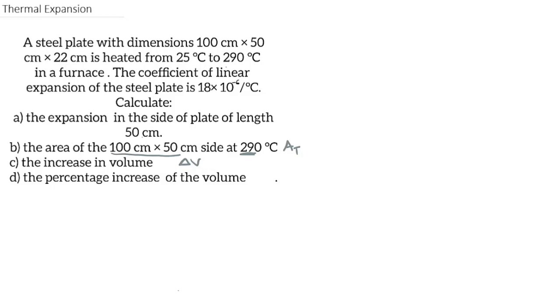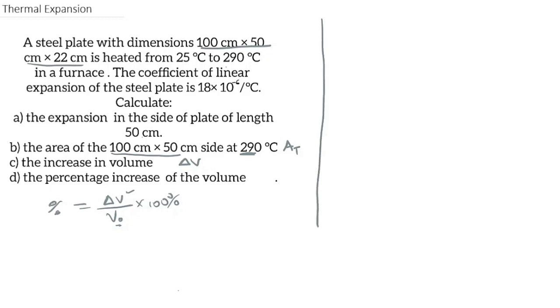Here they are looking for the percentage increase in volume, that means you only need the change in volume divided by the original volume times 100%. You already have the dimensions for the initial volume. So without wasting any time, let us get into it.